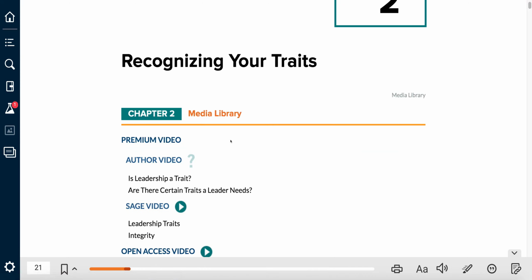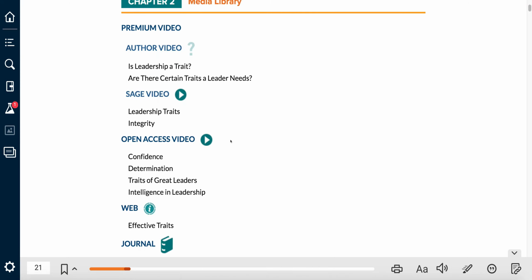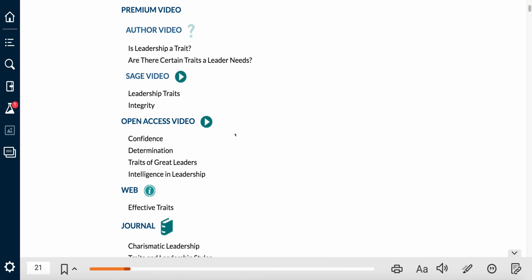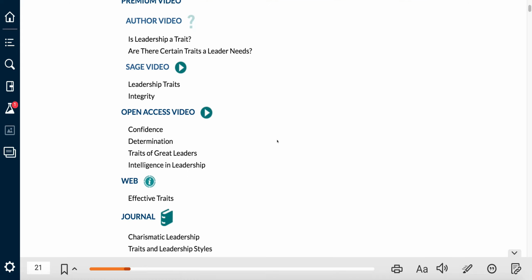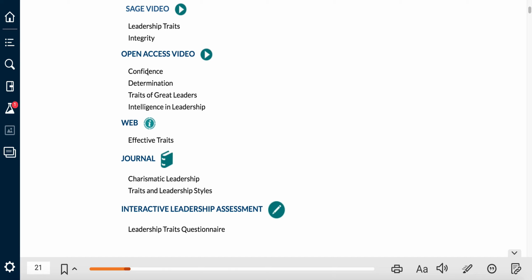All right, so we're getting this to load. Okay, so I talked a fair amount about the big six leadership traits. I just want you to see that there's going to be information on that here in chapter 2. Leadership traits, integrity, confidence, determination, traits of great leaders, intelligence in leadership.